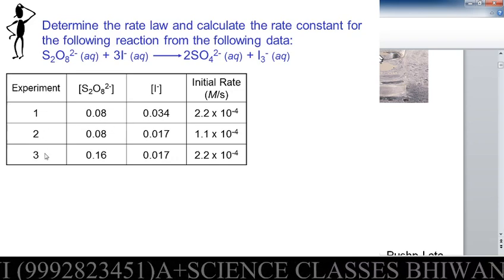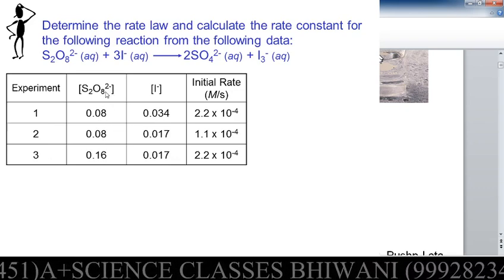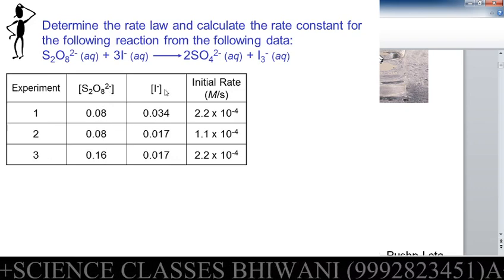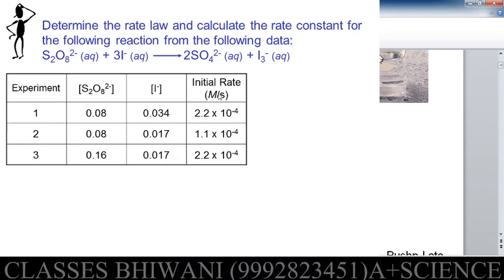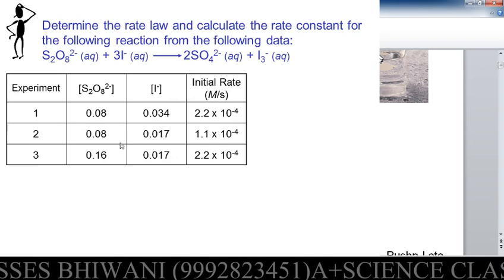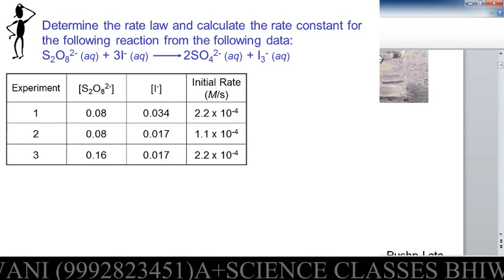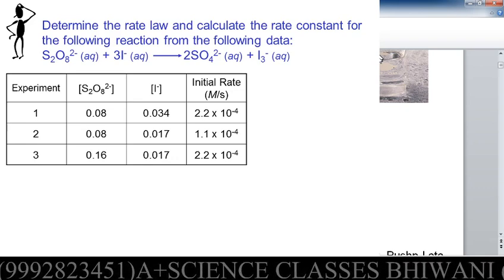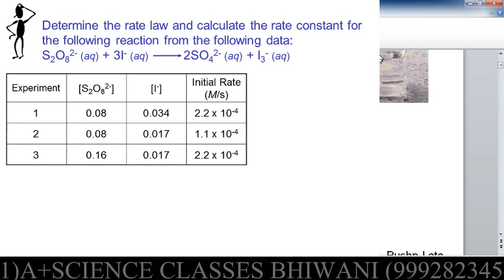Here 3 different experiments are given, 3 different concentrations of H2O8, 3 different concentrations of iodide, and 3 initial rates. You want to try? Firstly, find the experiments in which the concentration of H2O8 is constant and those in which the concentration of I negative is constant.